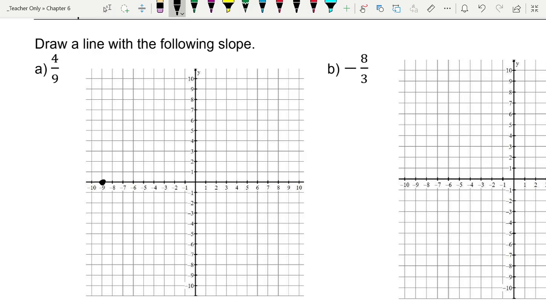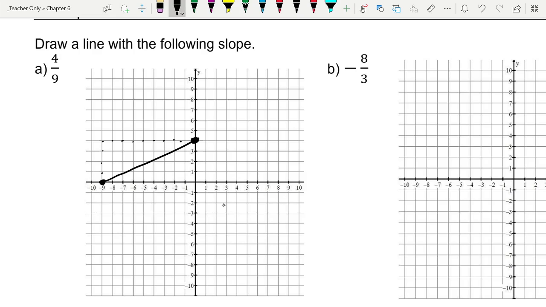So starting at -9, let's rise 4 and run 9. So if I rise up 1, 2, 3, 4, and I run over 1, 2, 3, 4, 5, 6, 7, 8, 9, there we go. Try to connect that with a straight line. That line segment has a slope of 4 over 9.